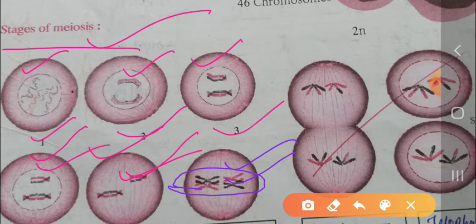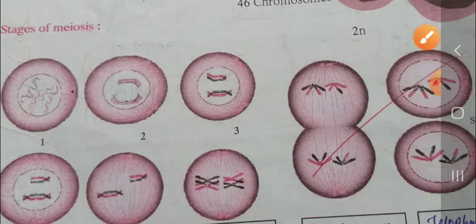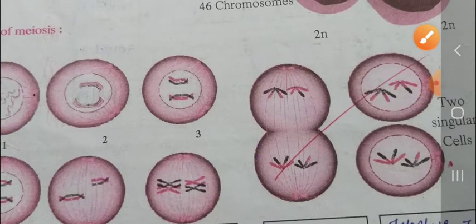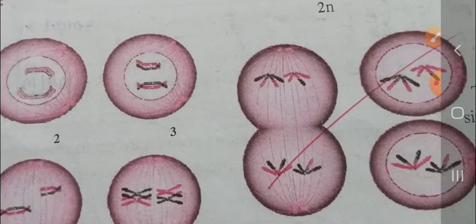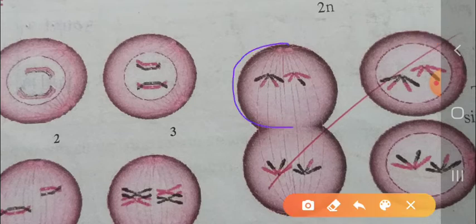Again here the spindle formation will take place, and the next stage you can see here, this stage. You can see constriction occurs in between the cell this way, and the two cells are going to form.